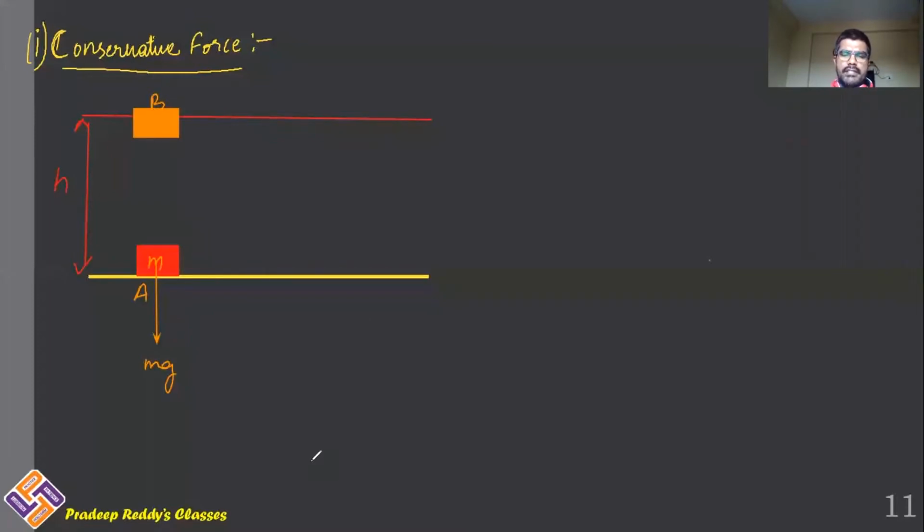In which direction is the displacement being observed? Displacement is observed in upward direction. This is displacement. The force acting on this object is gravitational force. I am talking about gravitational force, not applied force. Applied force is upward, as you are lifting the body in upward direction. Gravitational force is acting in downward direction. Displacement is in upward direction.